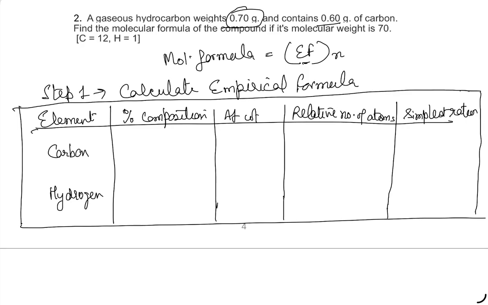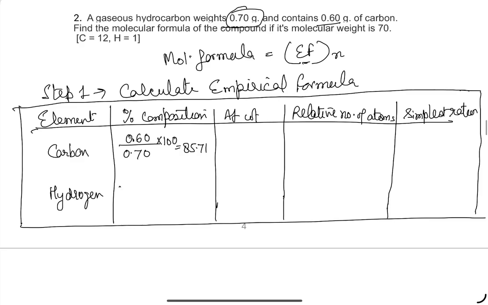So let's write the carbon percentage. 0.60 is the mass of carbon divided by the total mass of the compound, which is 0.70, times 100. You calculate this, you will get 85.71 percent. Now the hydrogen mass in the compound is not given here, so that will be 0.70 minus 0.60 divided by the total mass of the compound times 100.